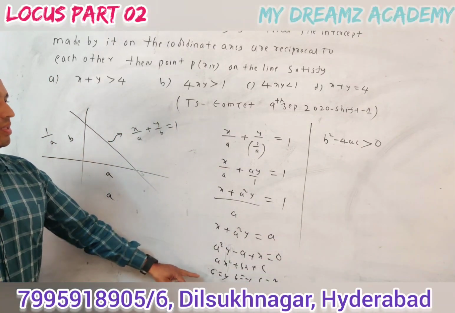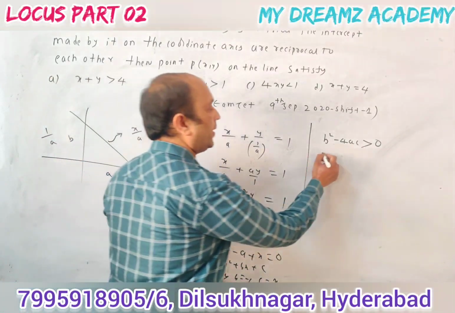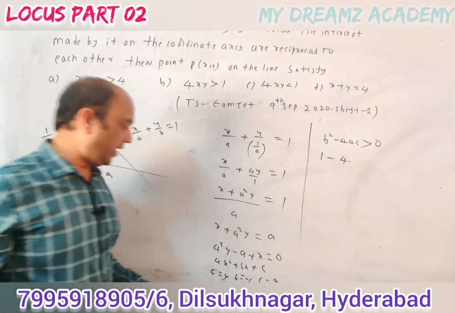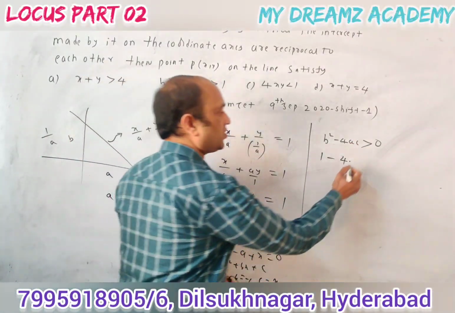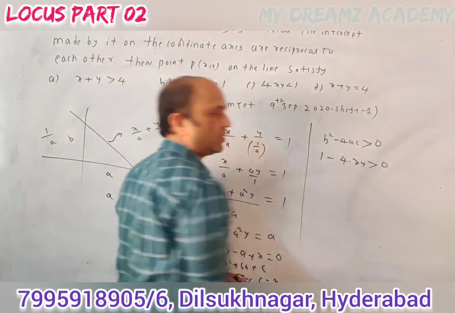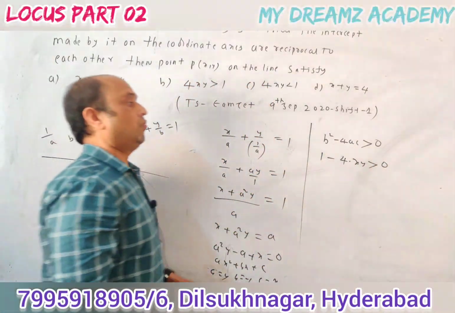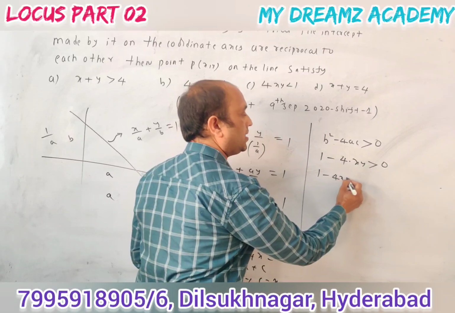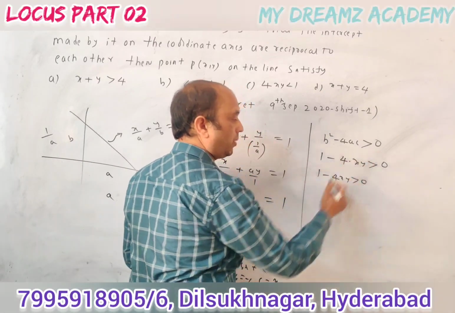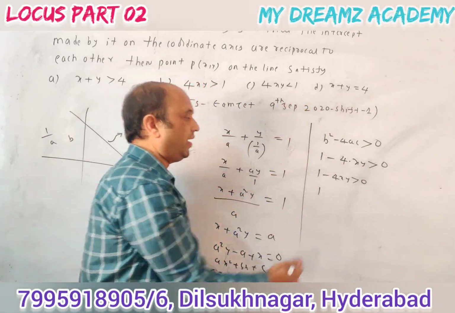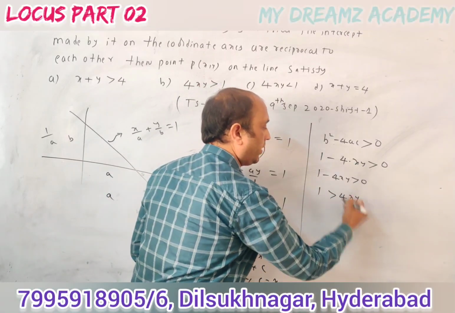So b square is minus 1 whole square, minus 4 into ac, and ac means xy. This is our condition. So 1 minus 4xy is greater than 0. Send minus 4xy to that side. So 1 is greater than 4xy.